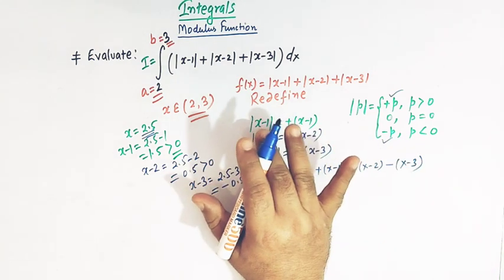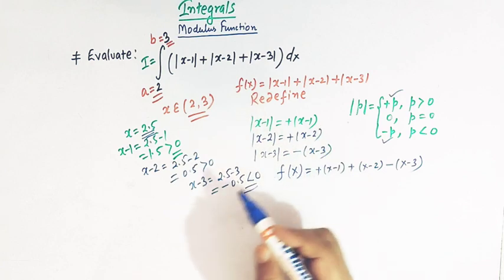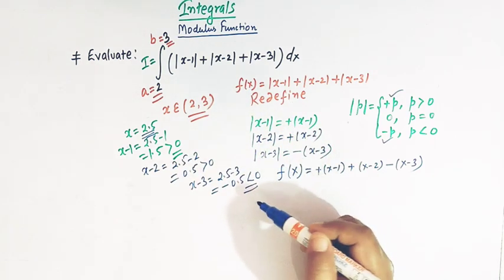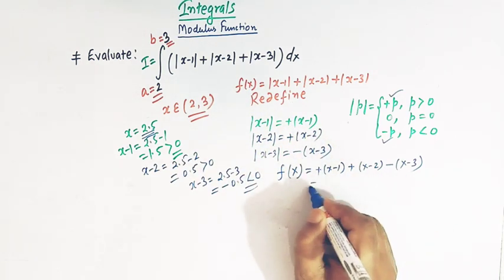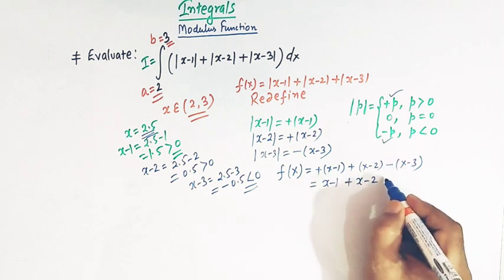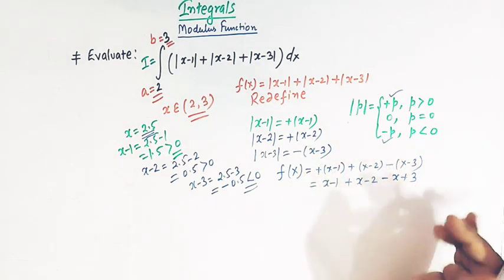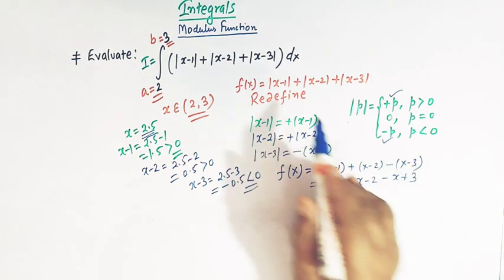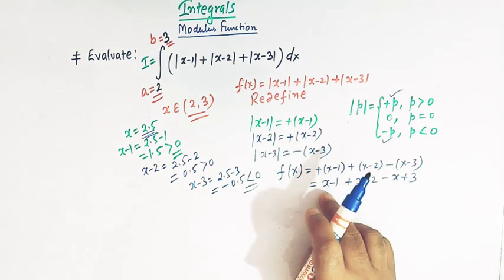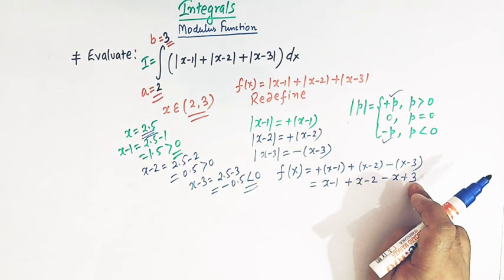So this is an easier method to redefine a function containing more than one mod functions, right? So this is x minus 1, this is x minus 2, and this is minus x plus 3, right? So now we have got rid of this mod sign, and we have now x minus 1, x minus 2, and minus x plus 3.